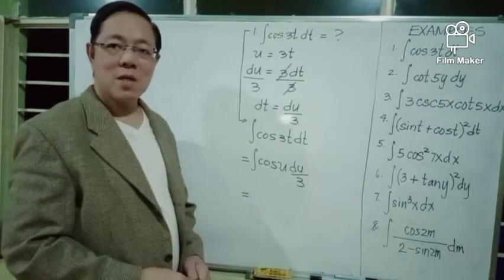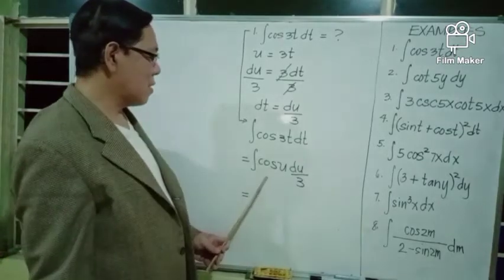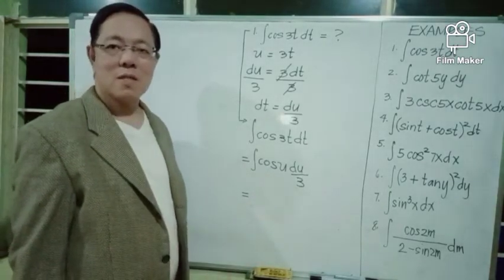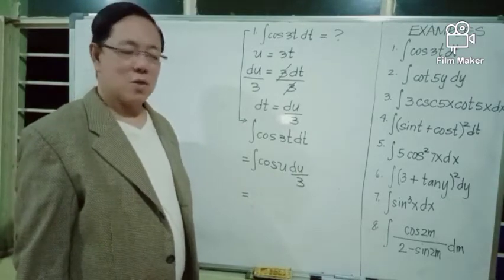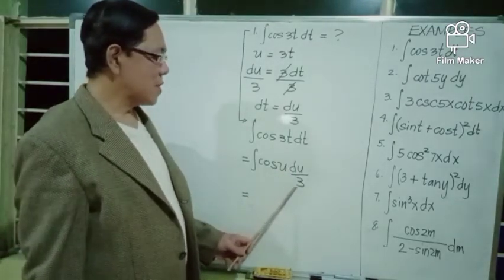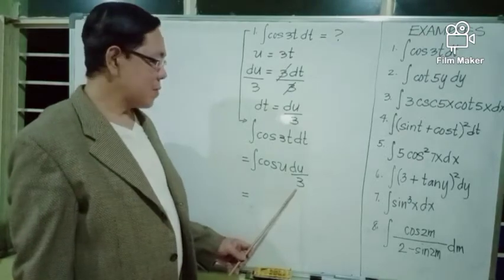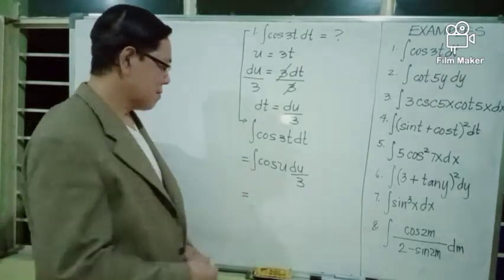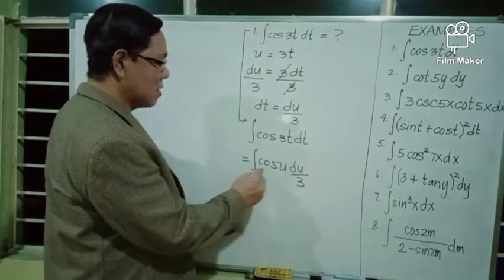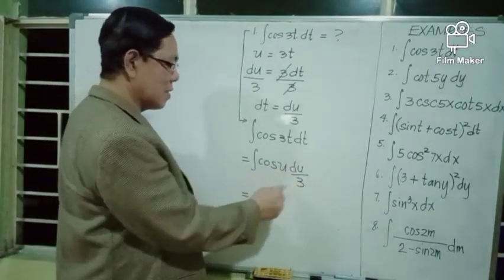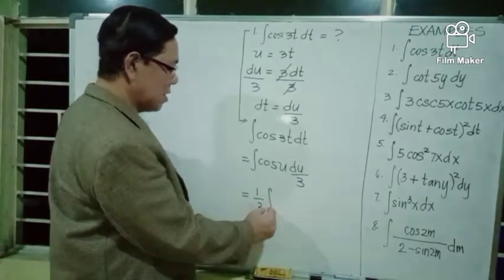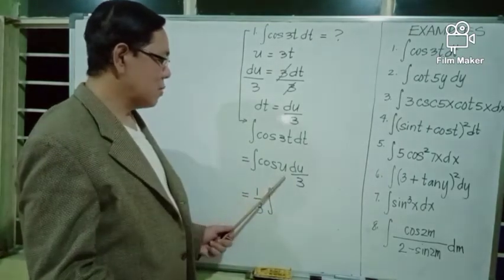And one of the integration rules says that the integral of a constant times a function is equal to the constant times the integral of the function. 1 over 3 here is a constant, so we can take that out of the integral sign. We write 1/3 times the integral of cosine u du.